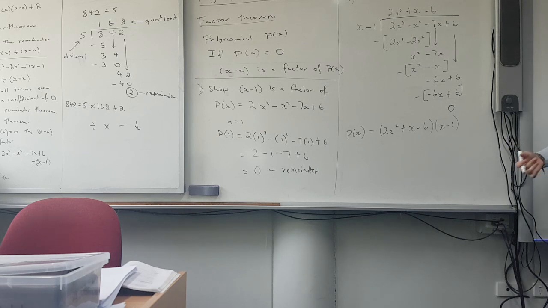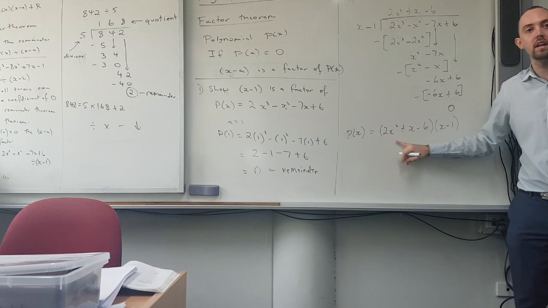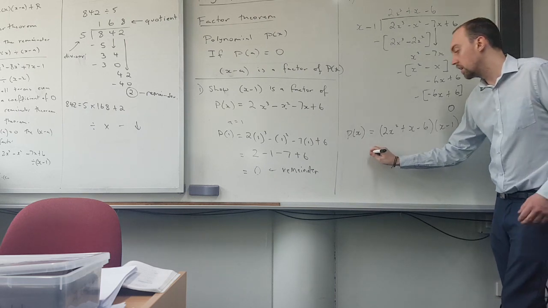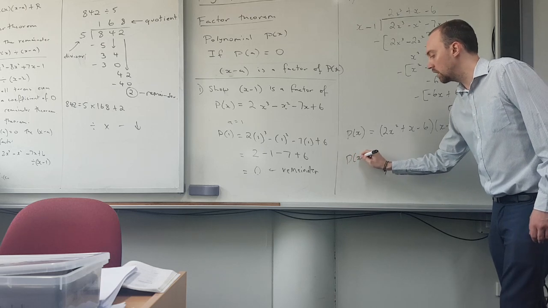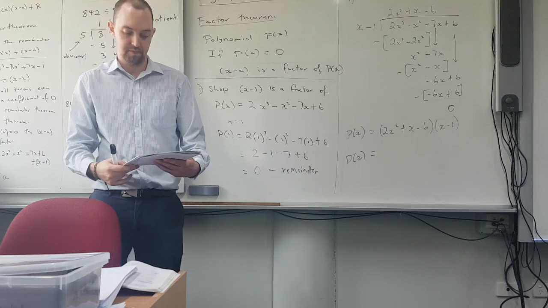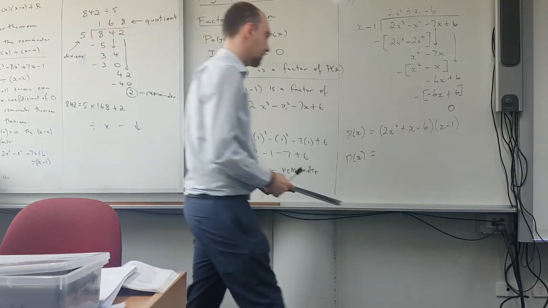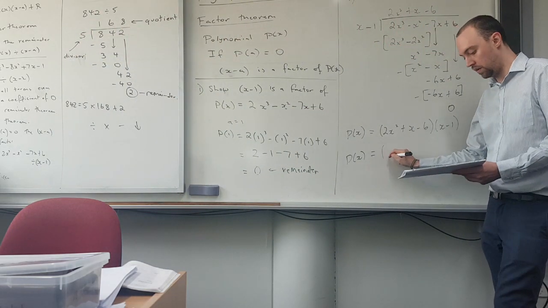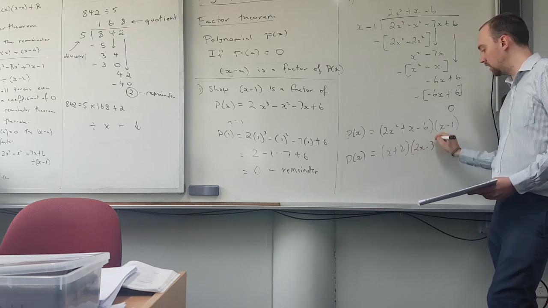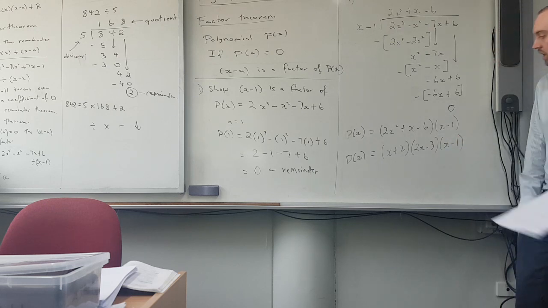Now, we can completely factorize this by being able to factorize 2x squared, add x, take 6. Now we've done the quadratic stuff before, so I'm assuming we know how to do this. So we could say, and I'll skip ahead a little bit because I've got my answer over here, we've got x plus 2, 2x take 3, and x take 1.